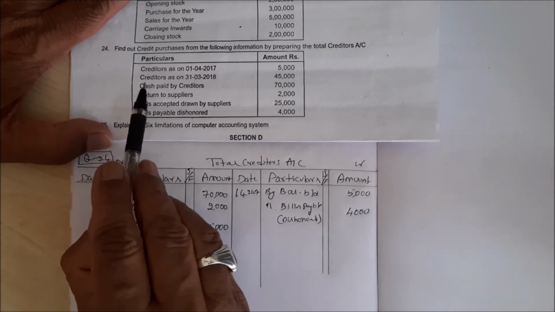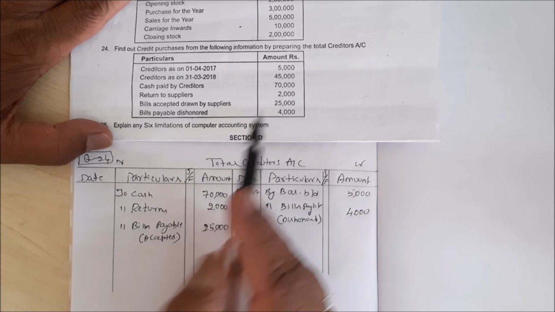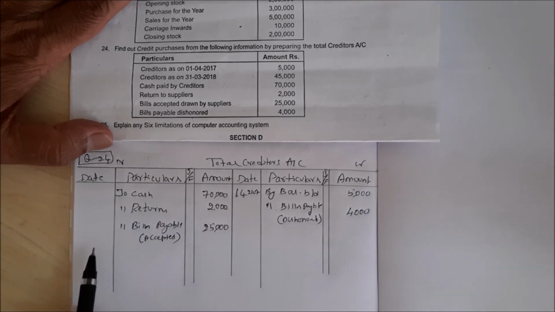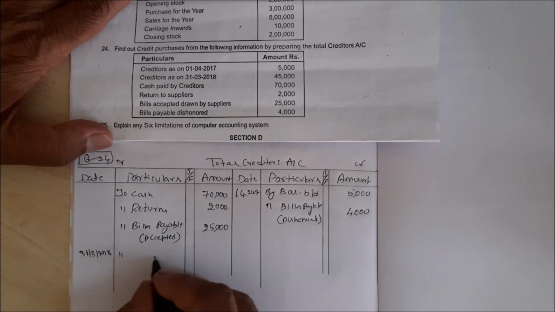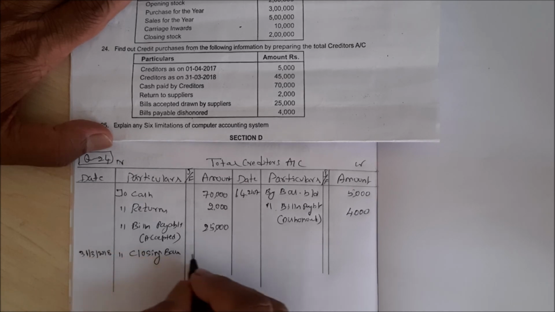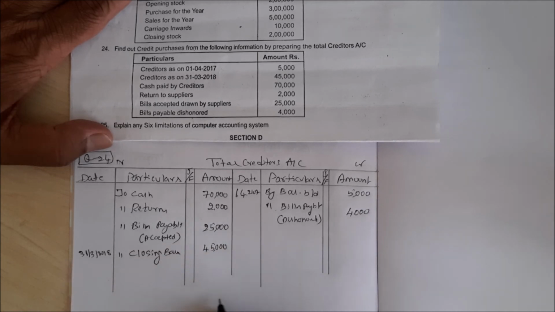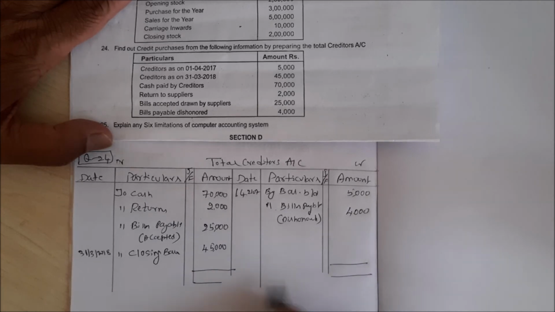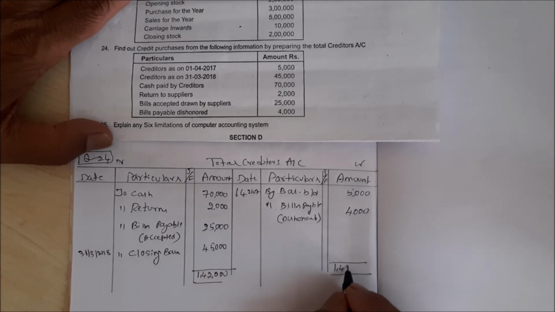How much? It is 4,000. Then we have left out the last item, that is creditors as on 31/3/2018 is 45,000. You cannot write the first item itself because it is the last item. So 31/3/2018 it is closing balance, to closing balance 45,000. Now total it up. Total it comes to 1,42,000. 1,42,000.